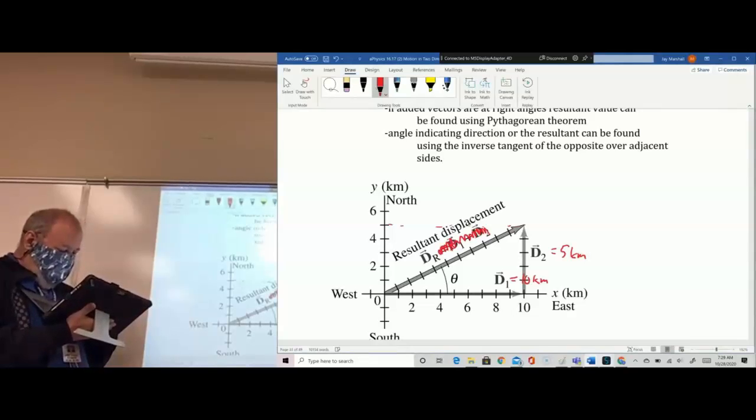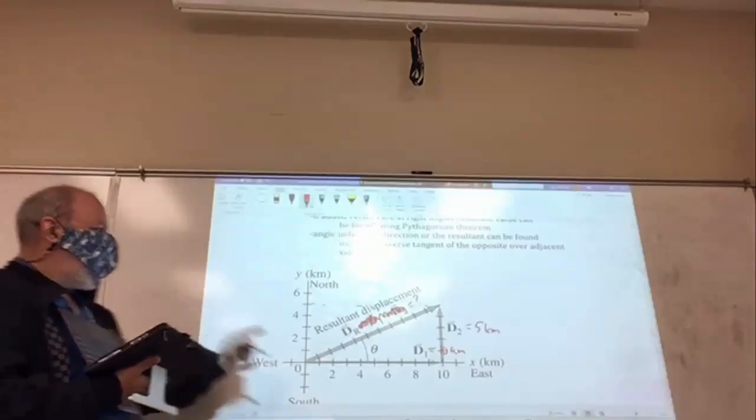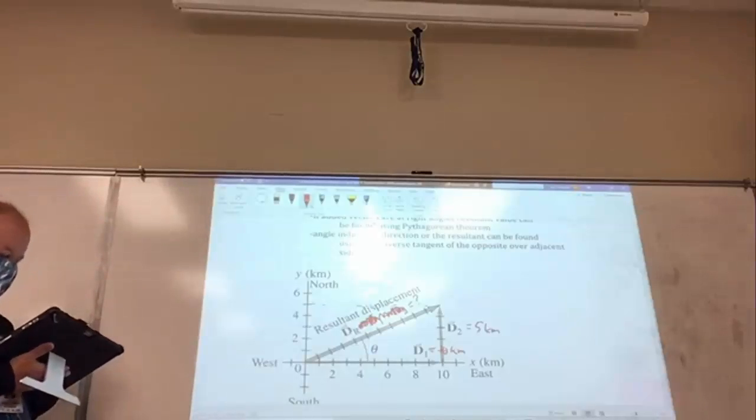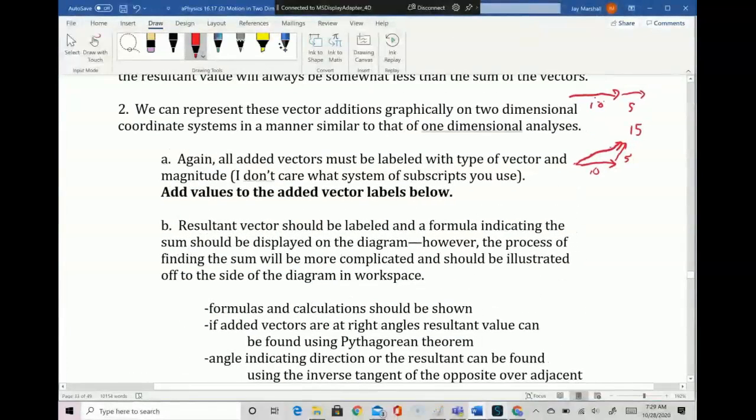As far as the resultant vector, if I'm trying to find the resultant vector, I only want you to just put question mark. Okay? Whichever side we're trying to find, I want you to put question mark for. So, a formula indicating the sum should not be displayed on the diagram.